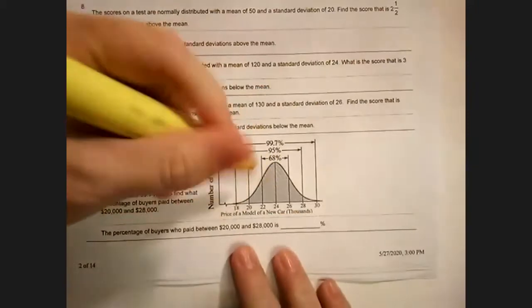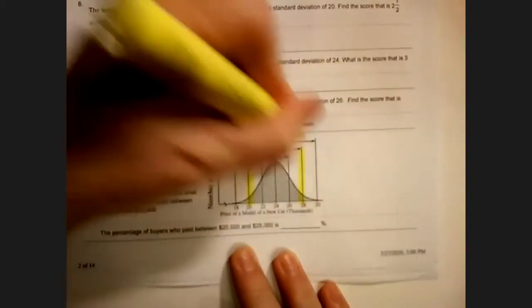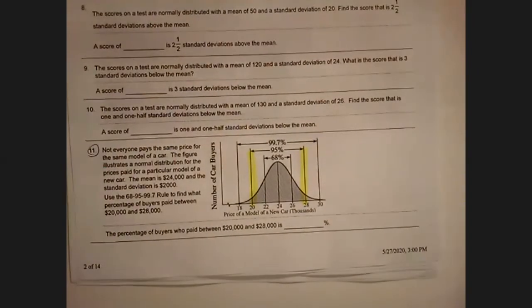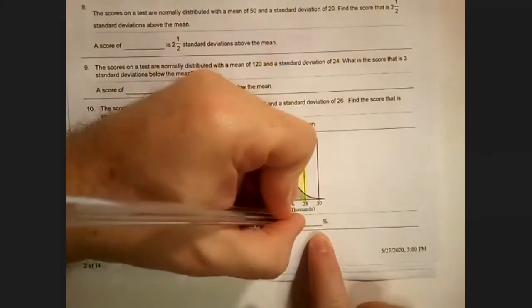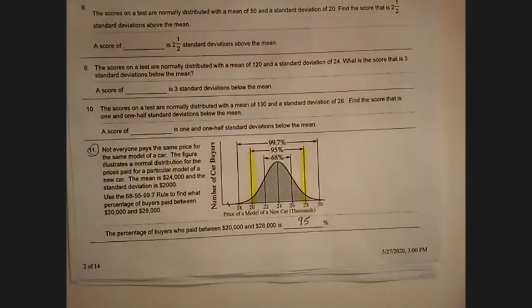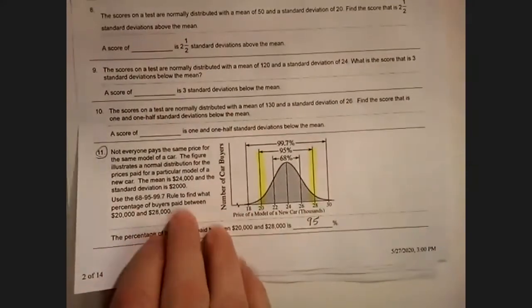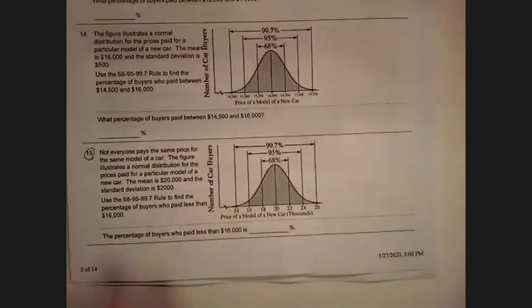So I'm going to mark it, 20,000, 28,000, and look, that's 95%. And so that's all we got to do. Notice they already have the percent, 95%. Now, they're not all that easy. We may have to do a little bit of calculation of what part, but that's the concept.